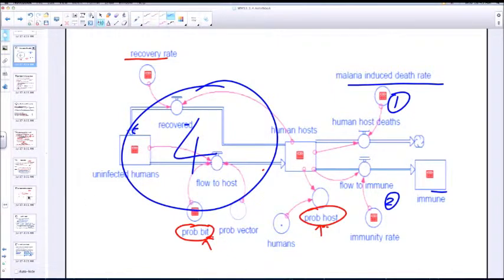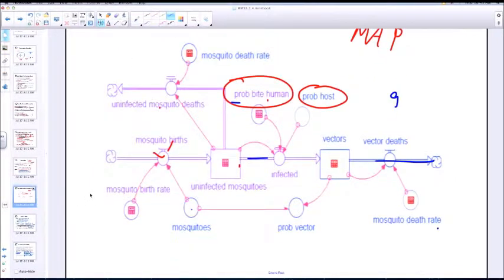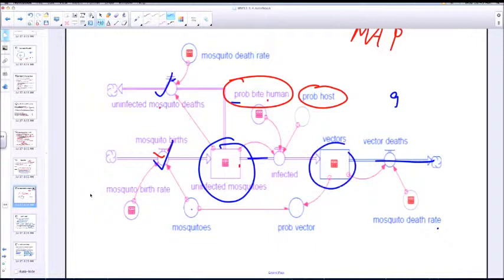Actually, you can make the mosquito part 2 equations if you want. The derivative of this equals that one minus this one, and the derivative of this one equals that one minus that one, if you want. But actually, in this model we write it into 4 different equations.